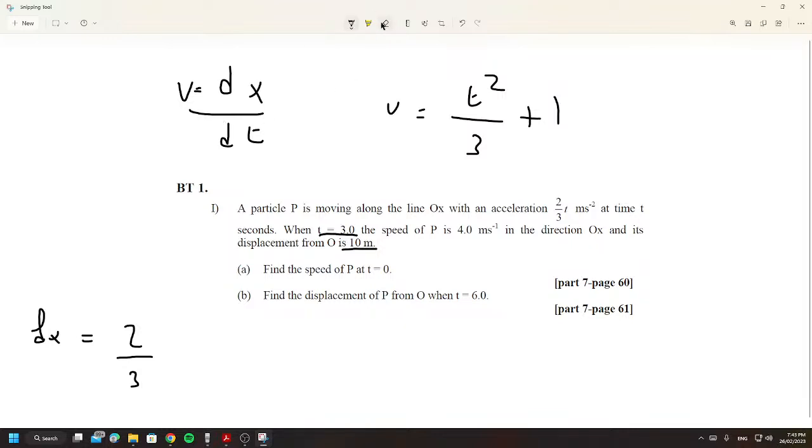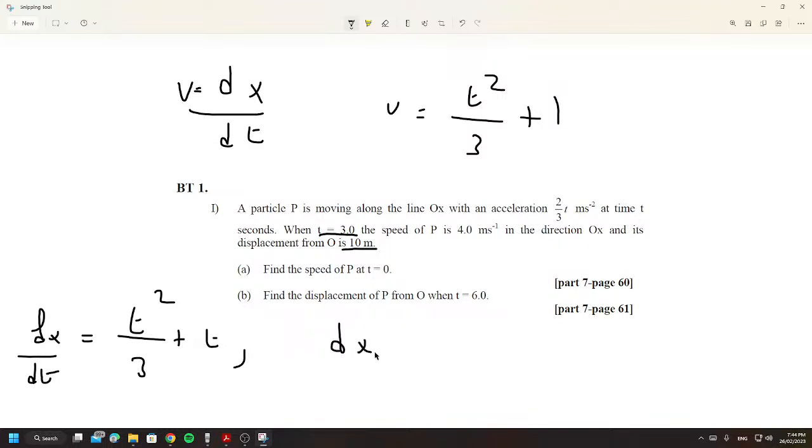Okay, so I just had the wrong expression this whole time because I don't know how to integrate properly. Okay, so dx over dt is equal to t squared over 3 plus 1. So we send dt to the other side. dx is equal to t squared over 3 plus 1 dt. Integral.